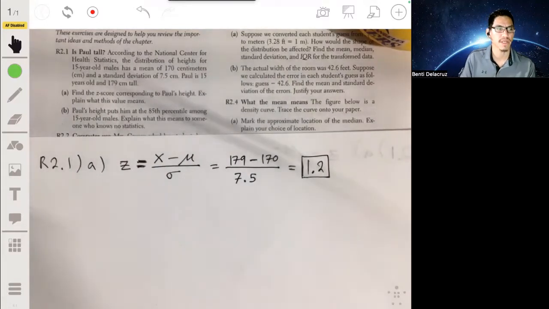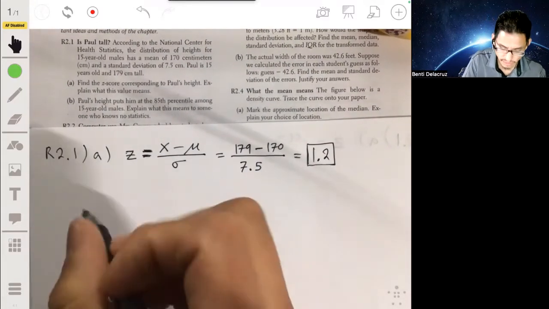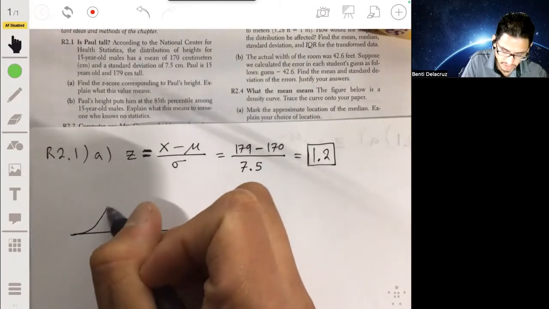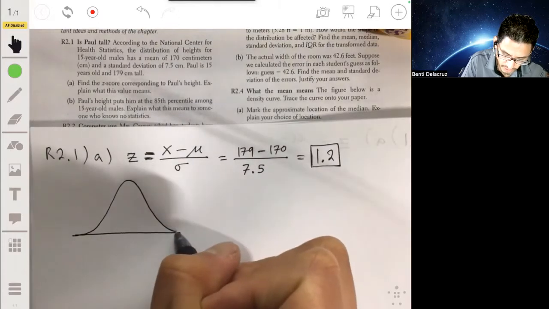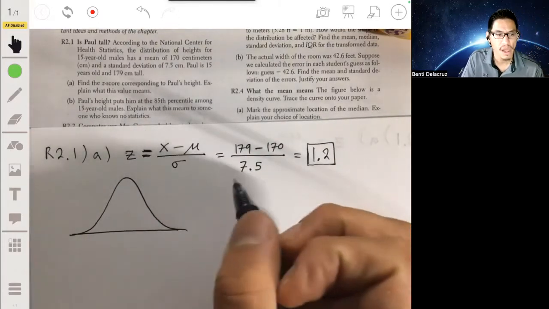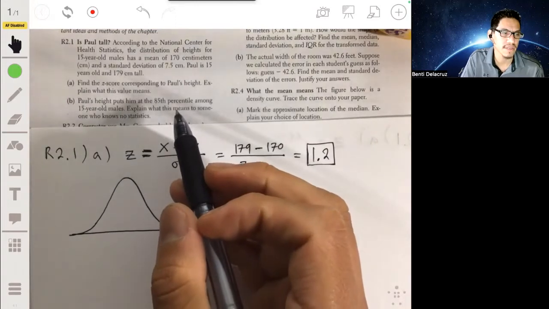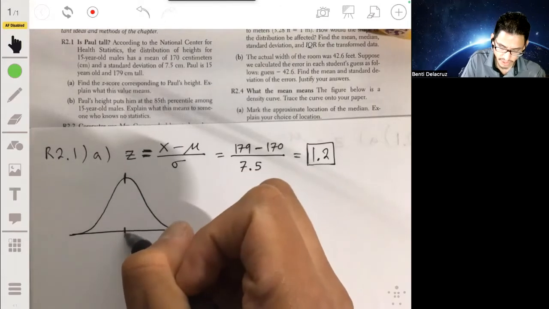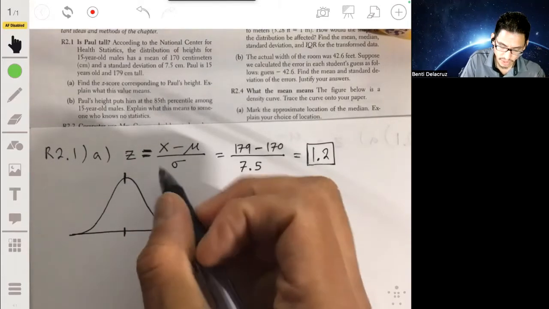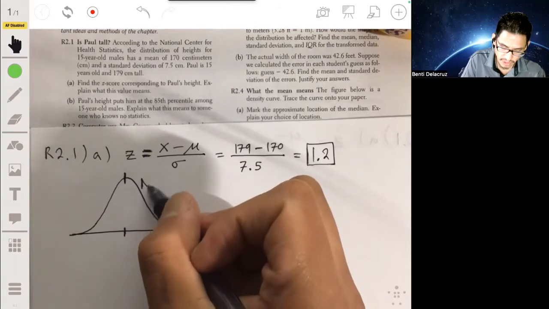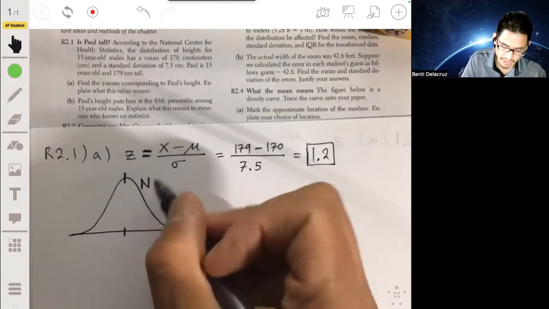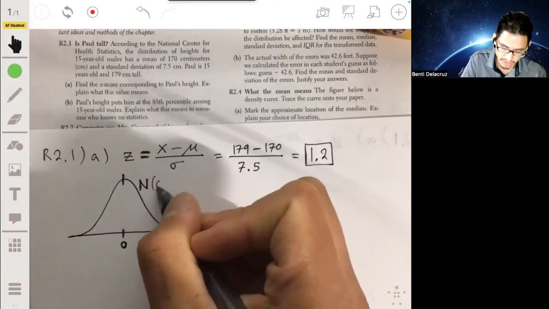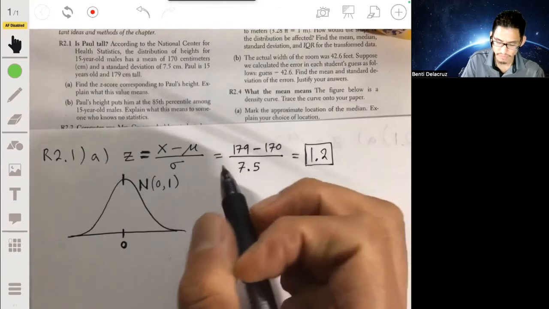So now let's break down what that means in the context of this problem. Let me draw a picture of what we're looking at. Remember, we're talking about how far Paul's height deviates from the mean, relatively speaking. In general, a standard normal distribution has a mean of 0 and a standard deviation of 1.